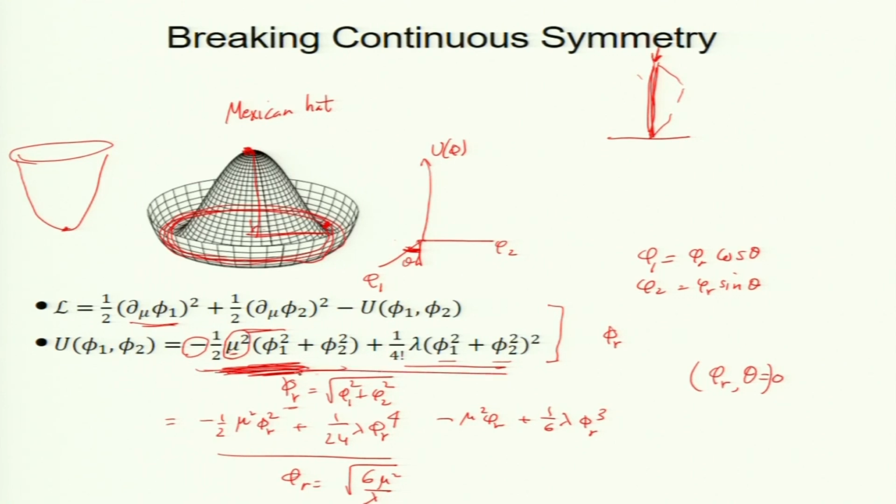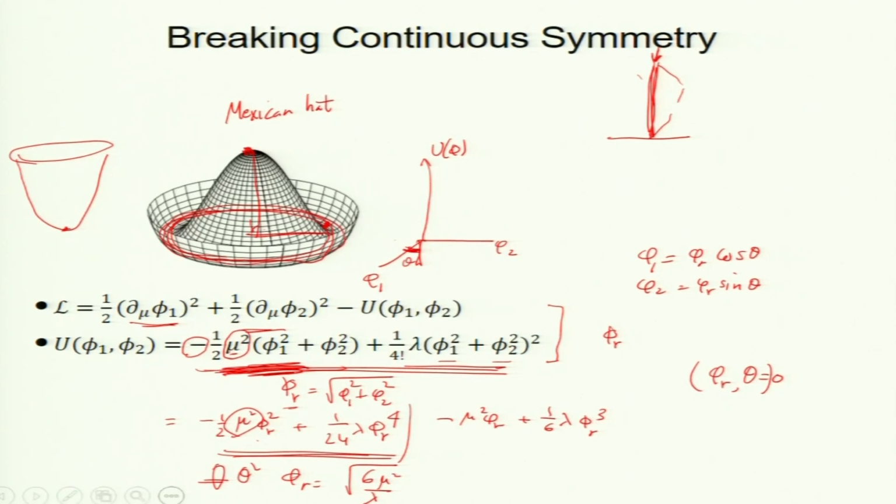Now, I can rewrite this equation in terms of phi r and theta. You can see that phi r squared has a mu squared coefficient in front, but theta is a new variable, so theta squared has nothing in front. In fact, it is 0.